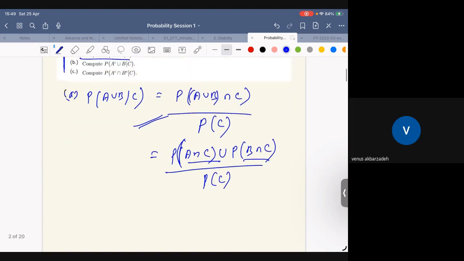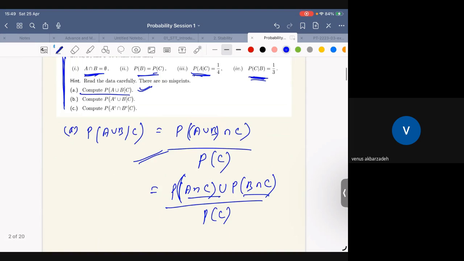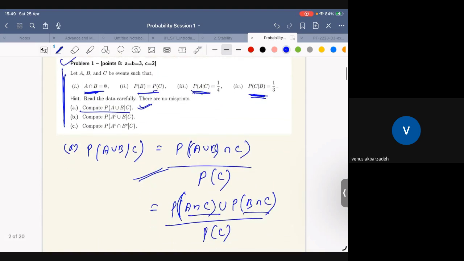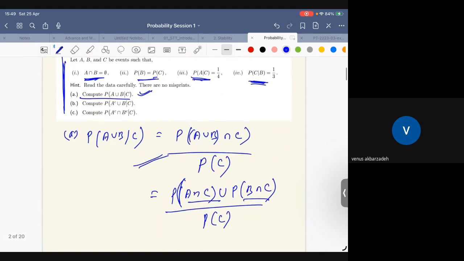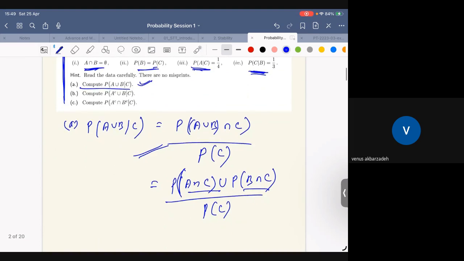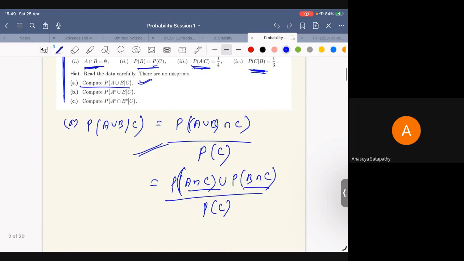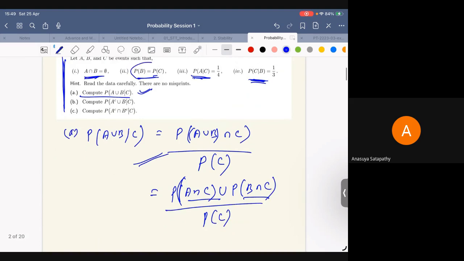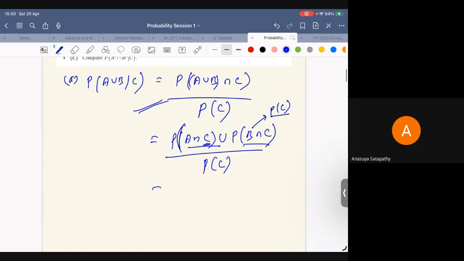B intersection C, because P of B is equal to P of C, is itself, so it can be P of B or P of C. Yes, you're right. So for this condition, you can write P of C, or P of B, either one, but I'm writing P of C because we have a C here.